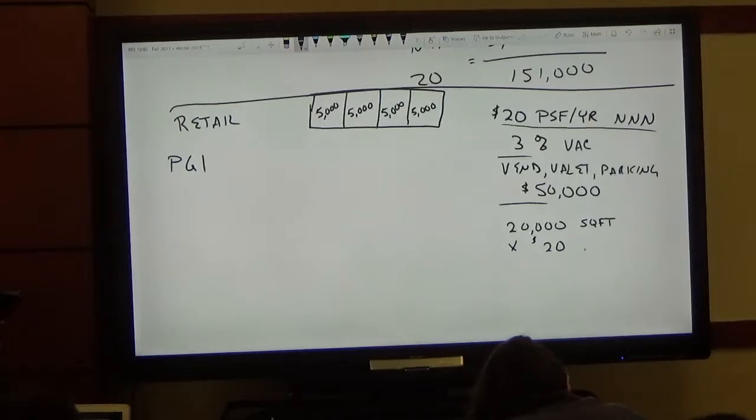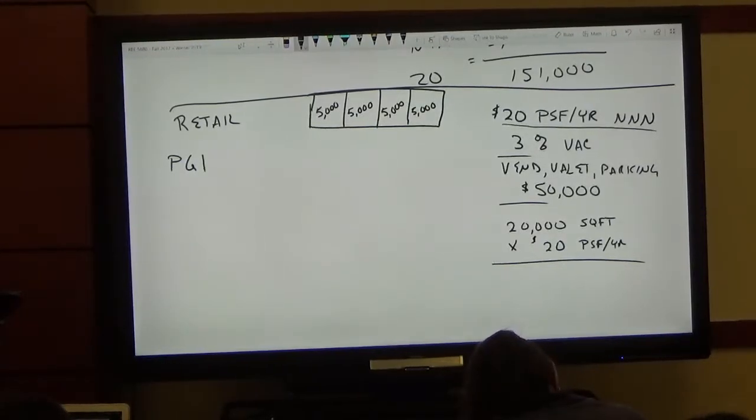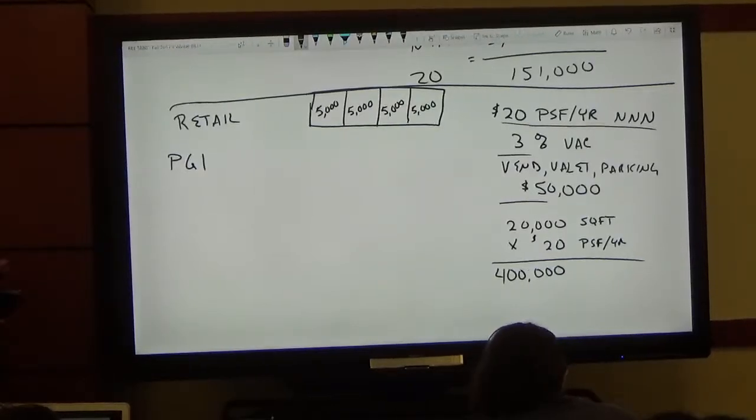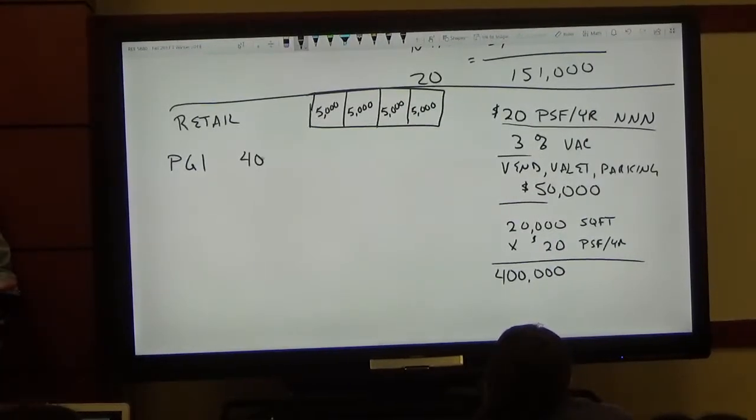So $20 per square foot per year. 20,000 times 20, so 400,000, yes? Okay, so that's going to be our potential gross income.